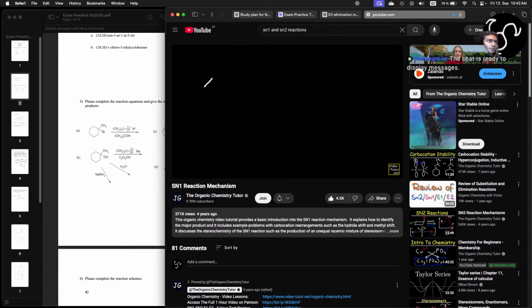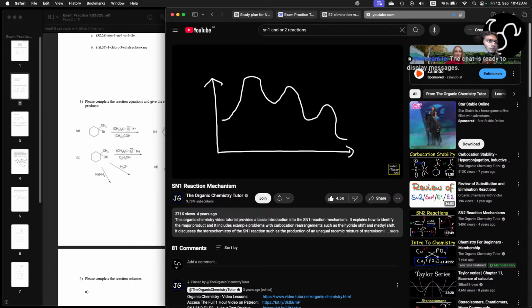Now let's sketch an energy diagram for the SN1 reaction that we just went over. Now that particular SN1 reaction had 3 steps. So therefore there's going to be 3 transition states. The first SN1 reaction, where we had tert-butylbromide reacting with potassium iodide, it occurred in 2 steps.